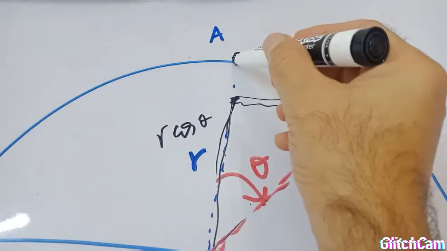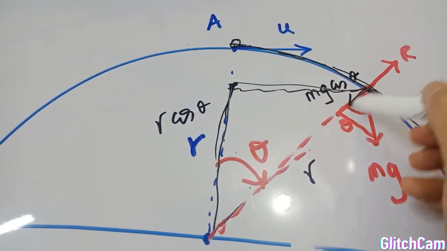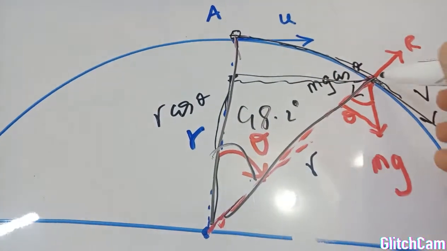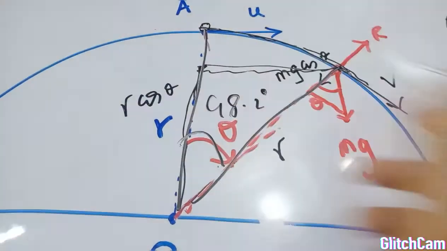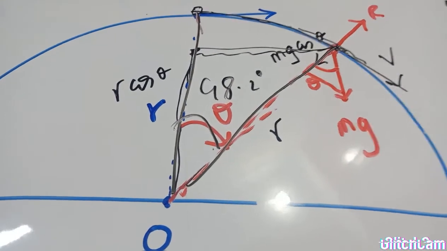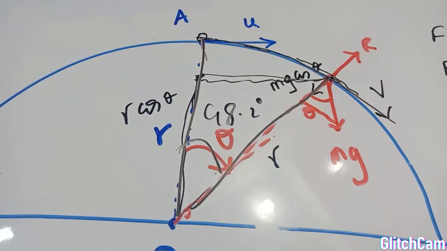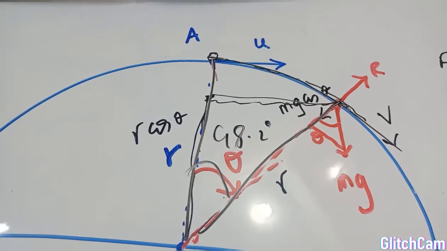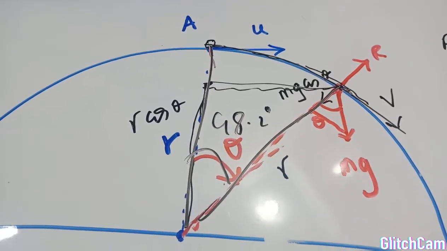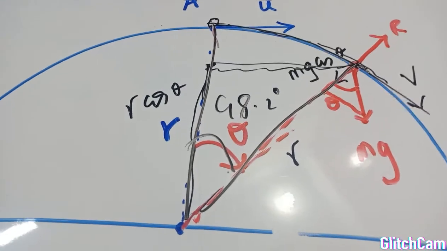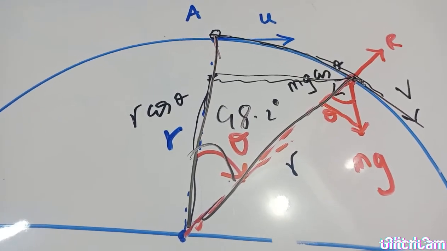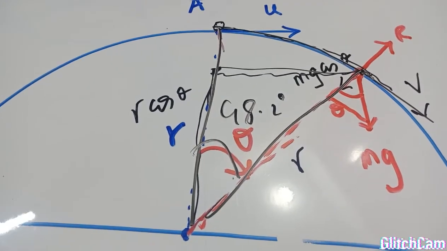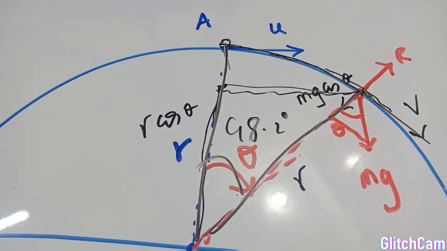Suppose this angle is 48.2 degrees, then this will lose contact with this circular surface. Now there is another case: what would be the initial velocity if it loses contact with this circular part right in the beginning of this motion.